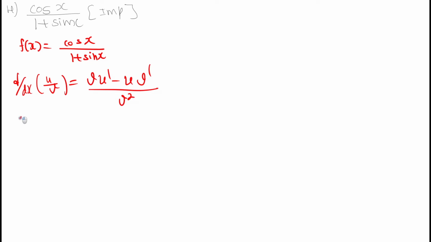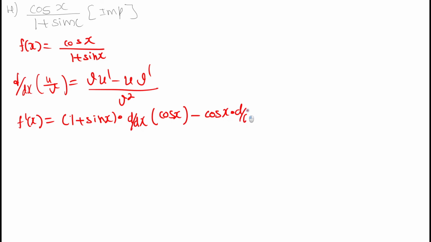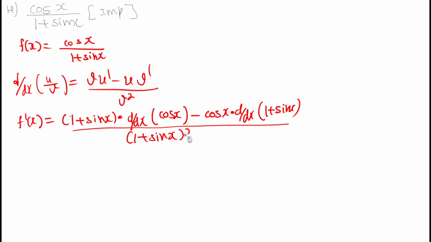So f dash of x is equal to denominator, that is 1 plus sin x, into d by dx of cos x, that is the numerator, minus cos x into d by dx of the denominator, that is 1 plus sin x, divided by denominator square, that is 1 plus sin x whole square.